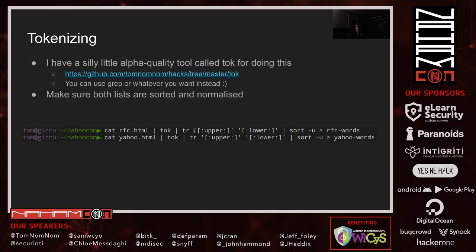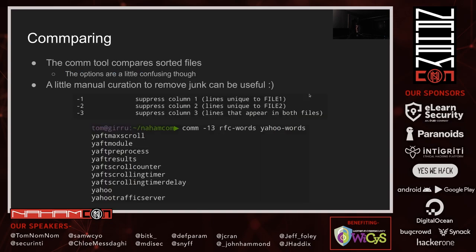So I'm applying that lowercase transformation. And again, depending on your use case, you may or may not want to do that. But otherwise, I'm extracting the words, I'm sorting them so that both lists are sorted. And the reason we're doing that is because the tool that we're going to use is called comm, which requires that those lists be sorted.